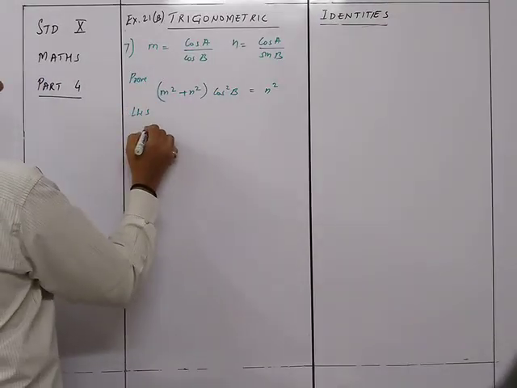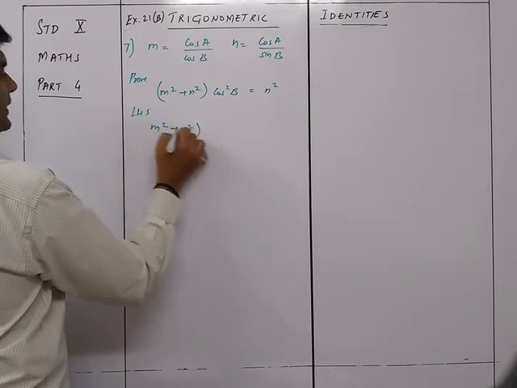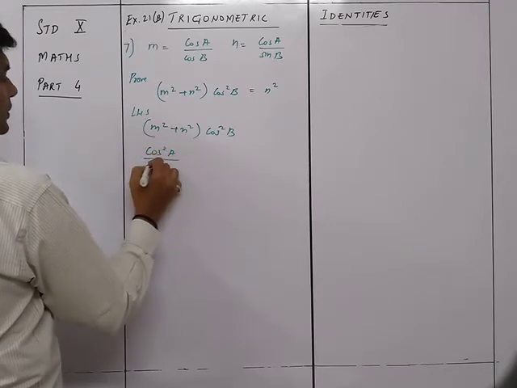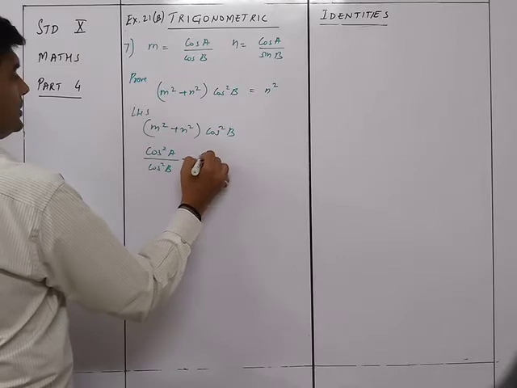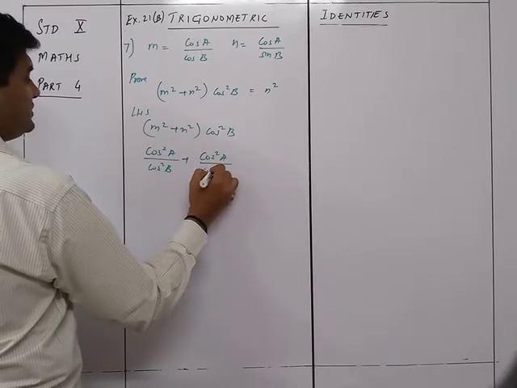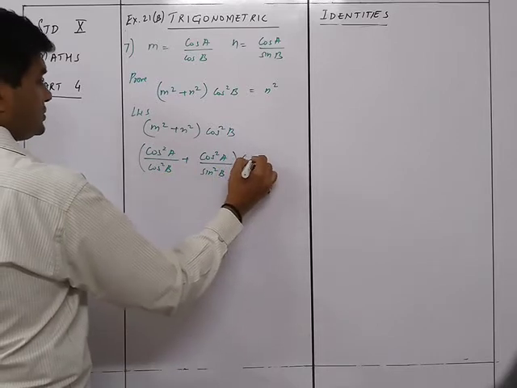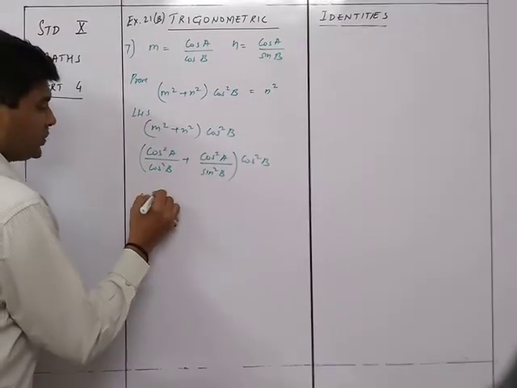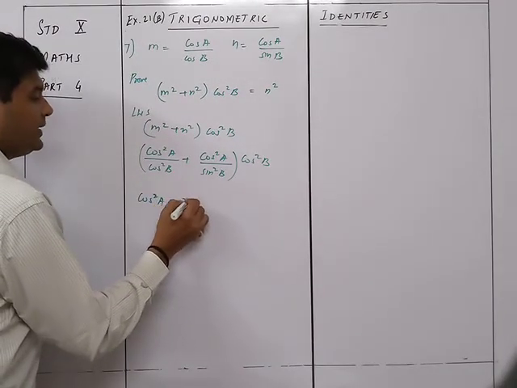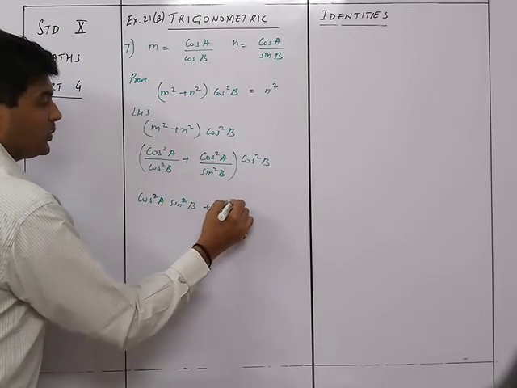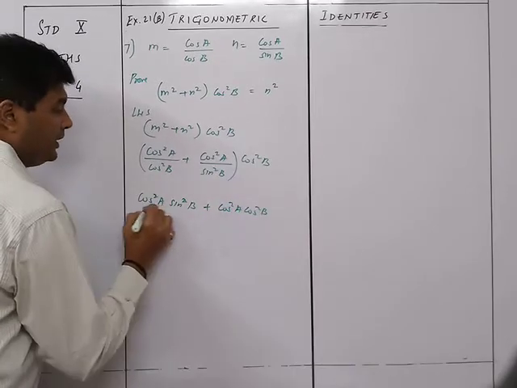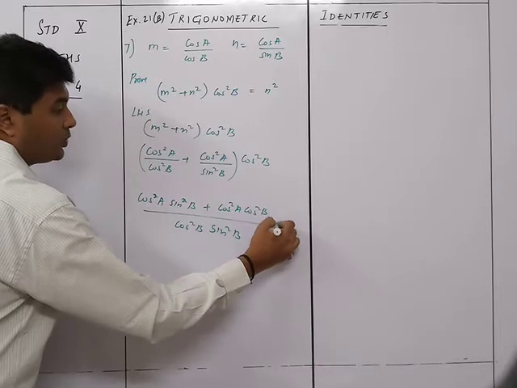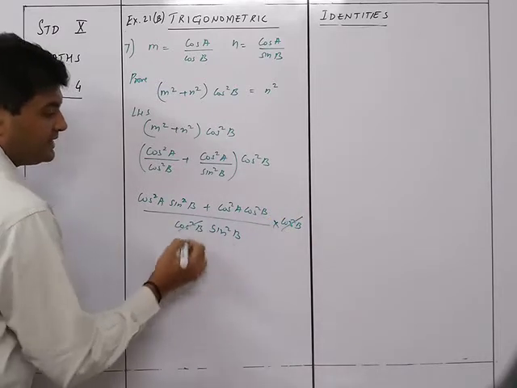LHS: M square plus N square into cos square B, which is cos square A upon cos square B plus cos square A upon sin square B, into cos square B. Taking the LCM, it will be cos square A sin square B plus cos square A cos square B upon cos square B sin square B, into cos square B. This gets cancelled.